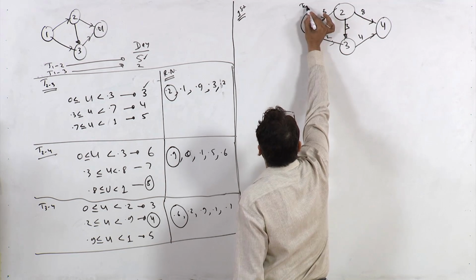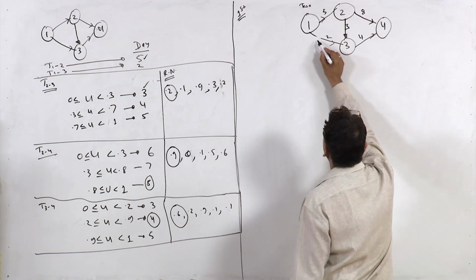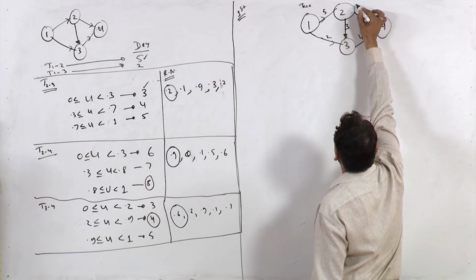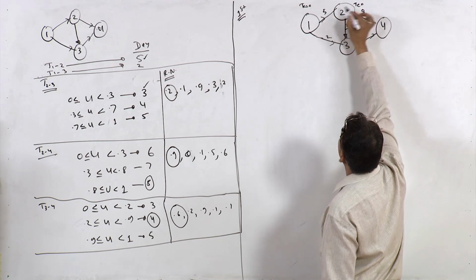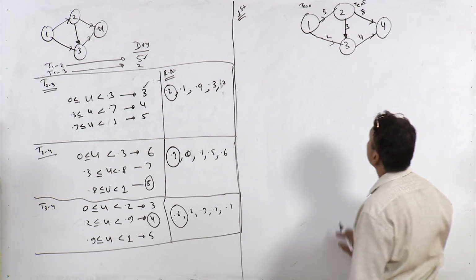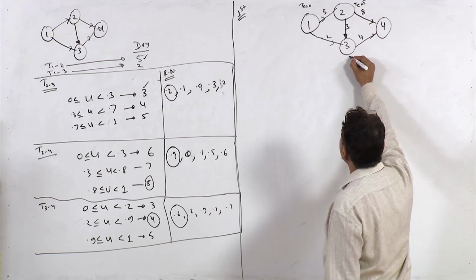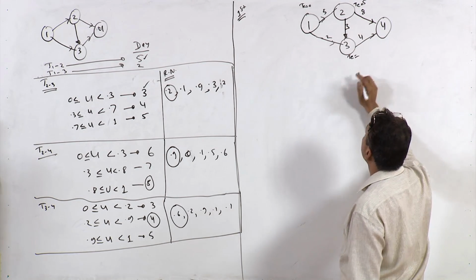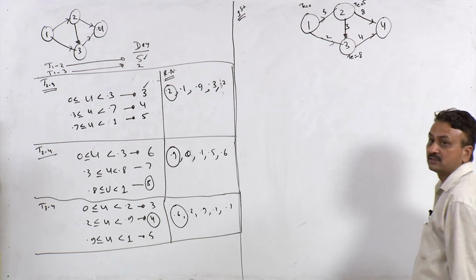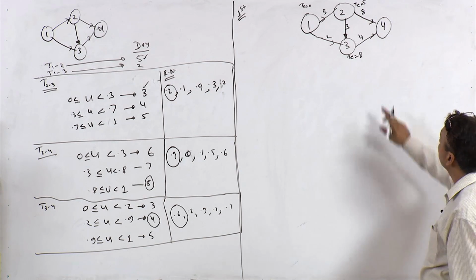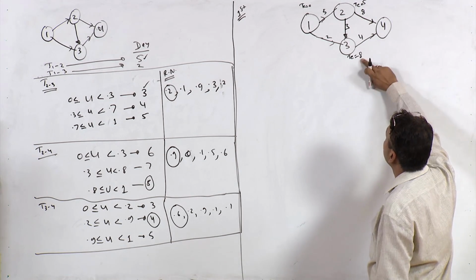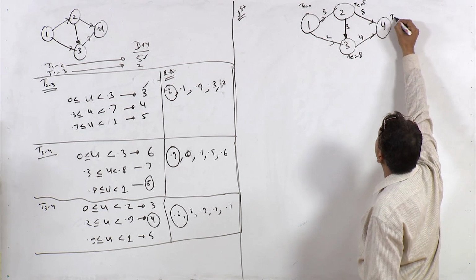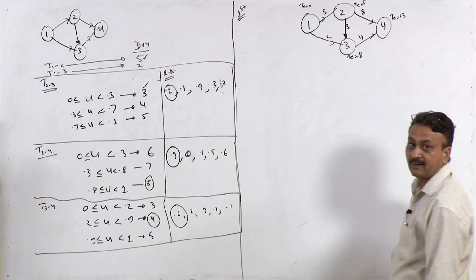So, TE is equal to 0. TE at this point is 5. TE at this point is what? From this side it is 2, from this side it is 8, and from here to here it is 12, and from this side it is 13.